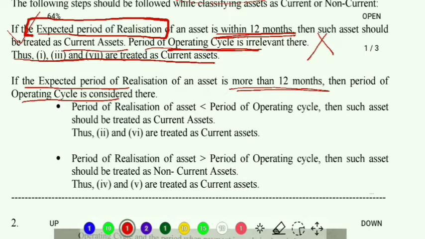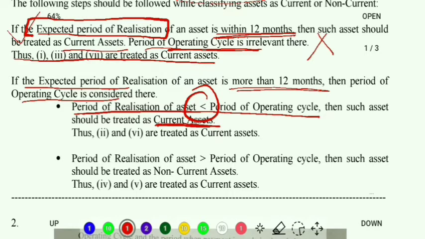Condition number 1: if the period of realization of the asset is less than the period of operating cycle, then such an asset will be treated as current asset.